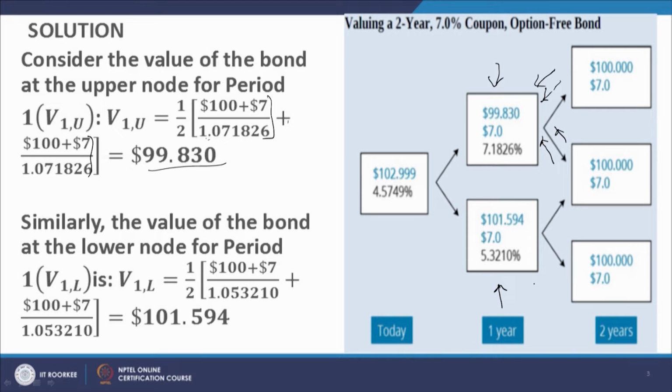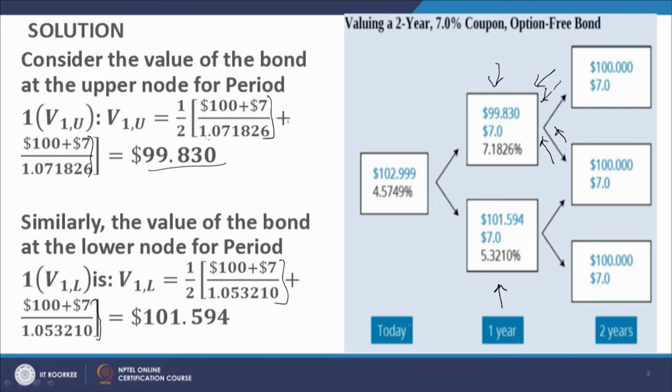In the first case, the interest rate applicable is 5.3210%, and in the second case also the interest rate applicable is 5.3210%. I mentioned this is a peculiarity of this particular problem, as a result of which we get these two values, which incidentally happen to be the same, and we take their average, and the average works out to 101.594, because these are the only two paths, we will be taking the average of only these two values.